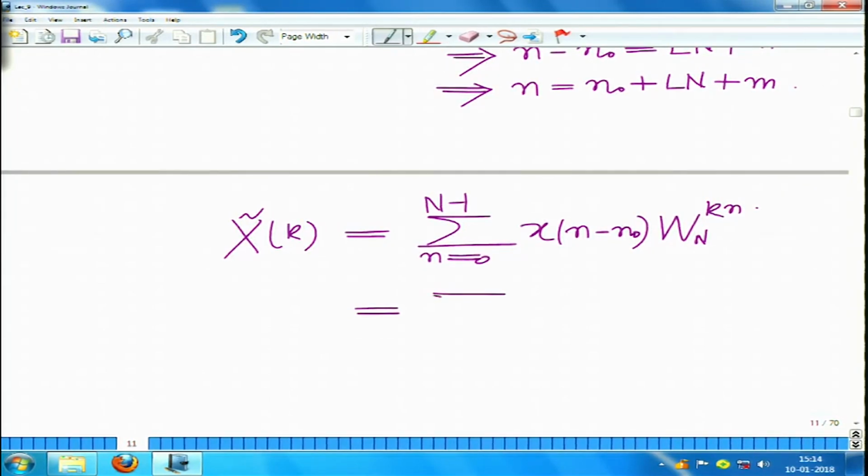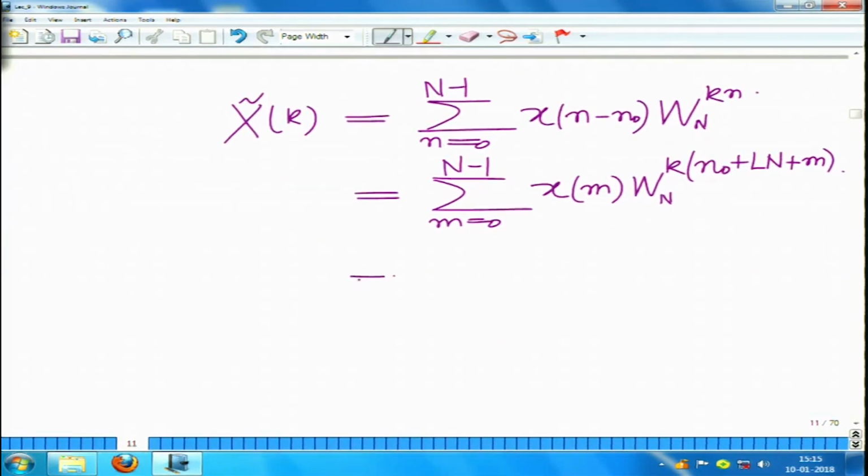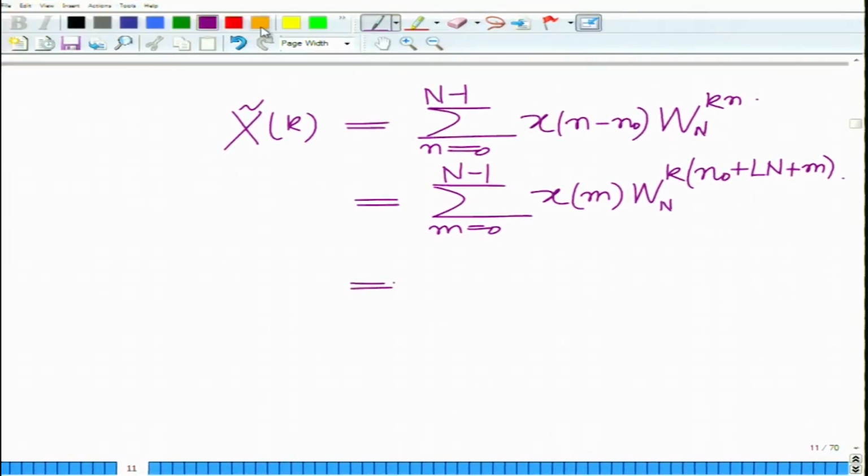So this will be the summation, where m also goes from 0 to N−1, of x[m] W_N to the power k times (n0 plus LN plus m).